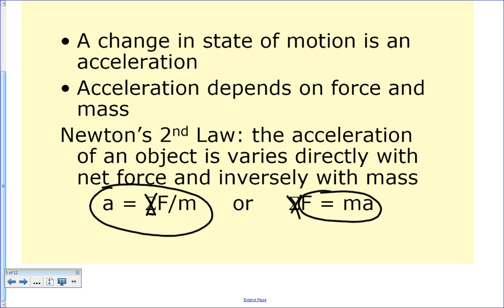It is important to note, even though we don't write it down when we write down this equation, that this force is net force. Sometimes we'll write it F net, because we're going to have more than one type of force.